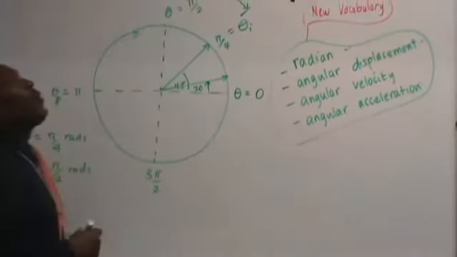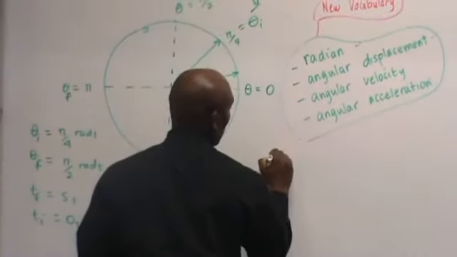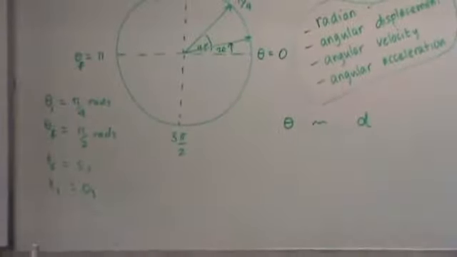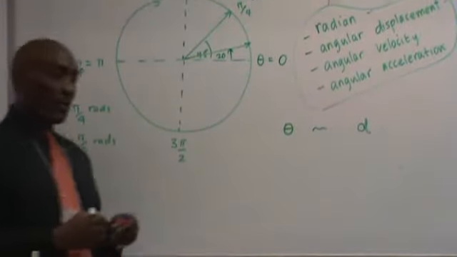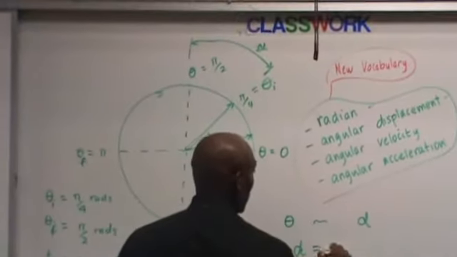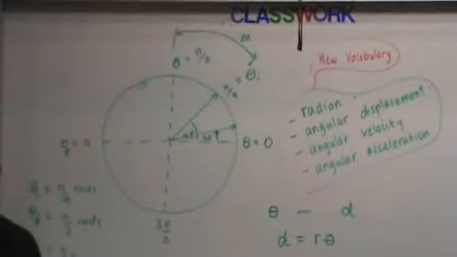Now, what do you think the relationship is between this and this? Is there a relationship? Yes. It turns out that D is equal to R times theta.